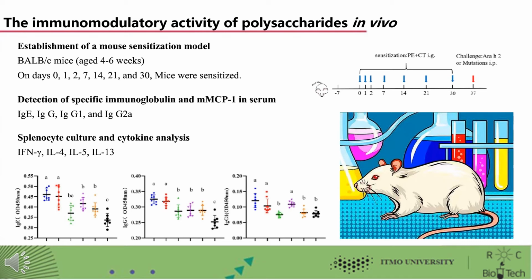In addition, in mouse model, changes in cytokine production by splenic phagocytes are often used to assess change in sensitization potential of proteins. We examined the production of Th2 type and Th1 type cytokines.